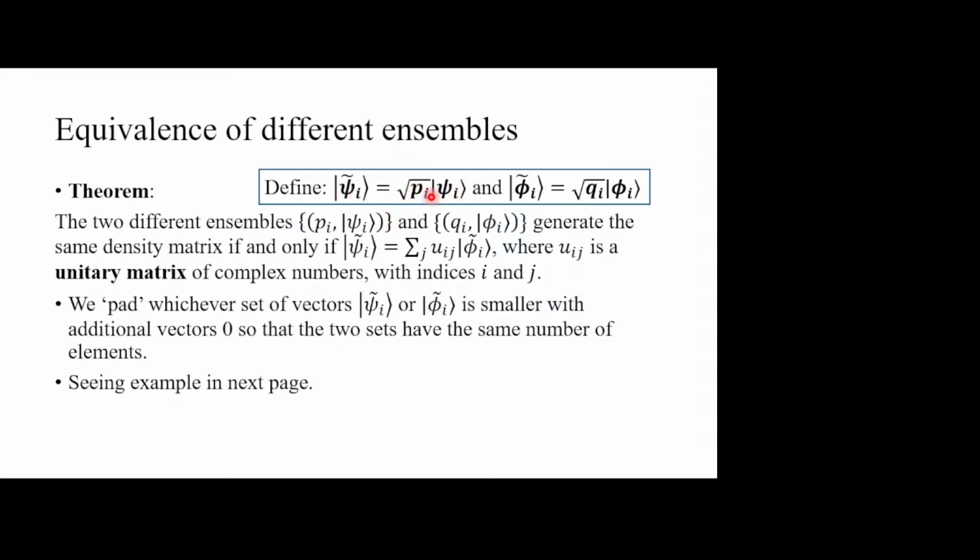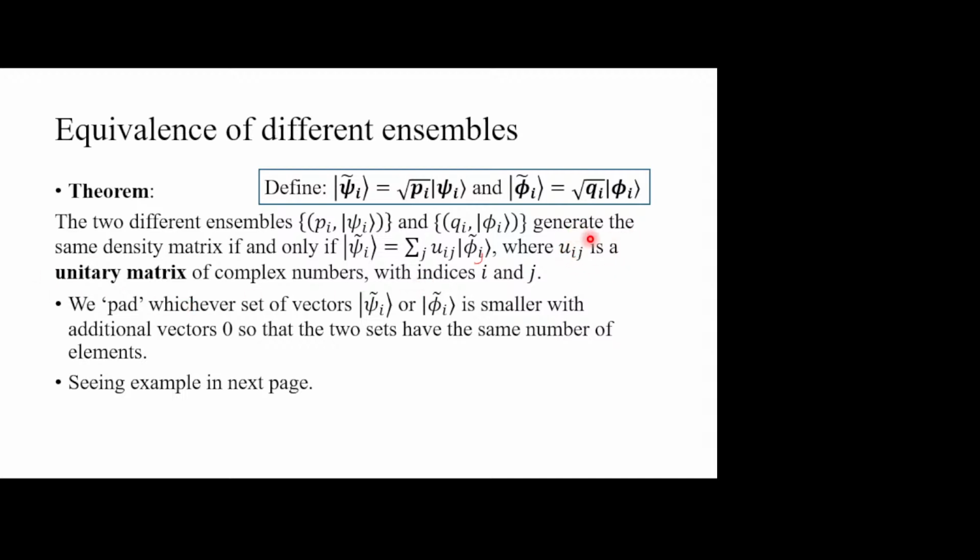So we combine the probability with the vectors, and then we say those psi tildes are related to phi tildes by a unitary matrix. Here we have a bit of a typo, so there should be a j here. Excuse me. So psi tilde_i equals the summation over j of U_ij phi tilde_j, where U_ij are components of some unitary matrix.